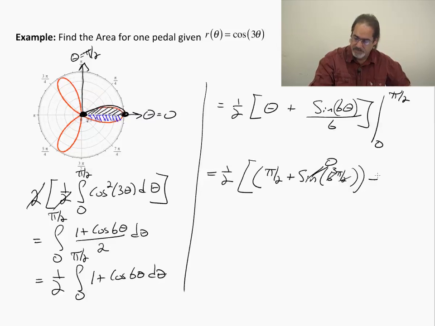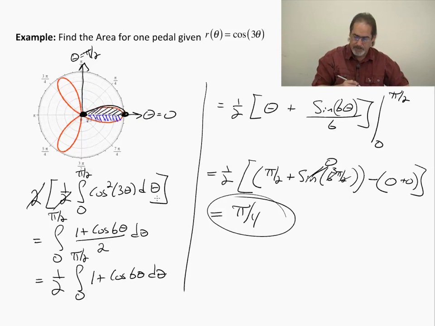Minus, this next piece is going to be 0 plus 0. So this is actually equal to pi over 4. And remember, I multiplied it by 2 right here, so I found this, and I multiplied it by 2 so I could actually get all of that.